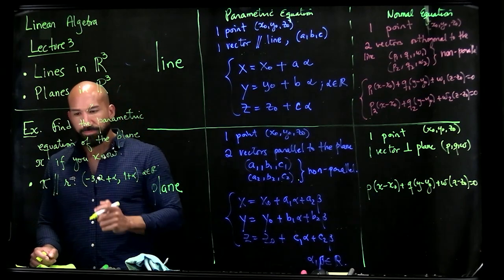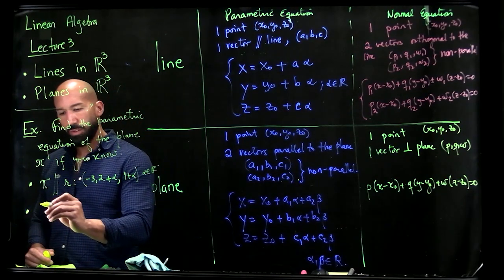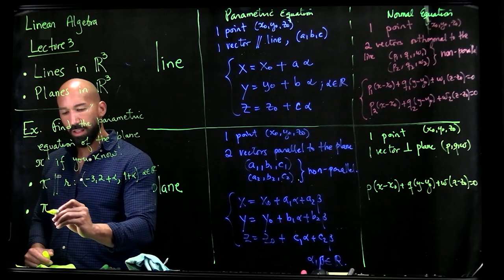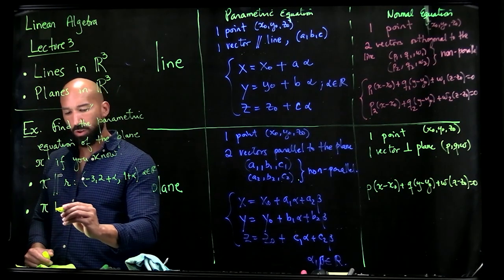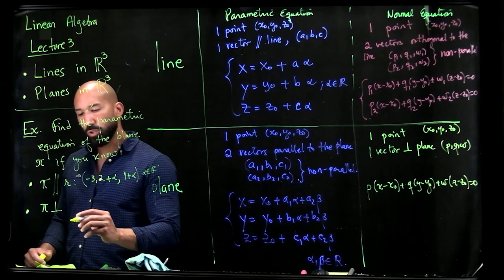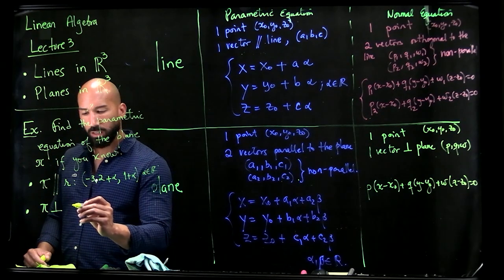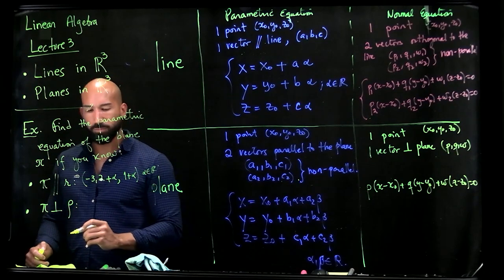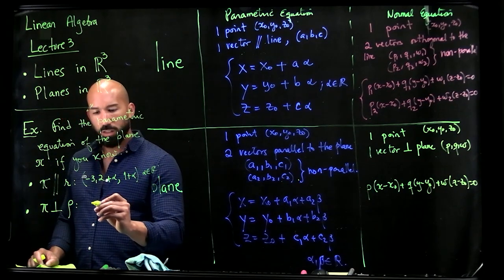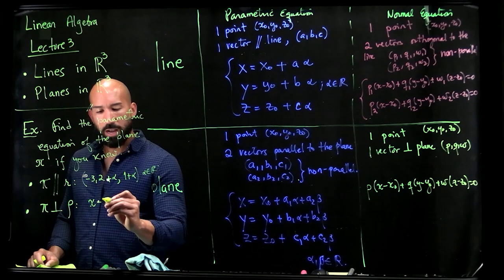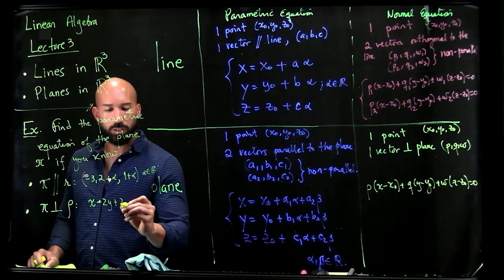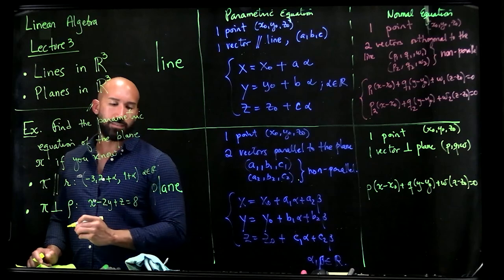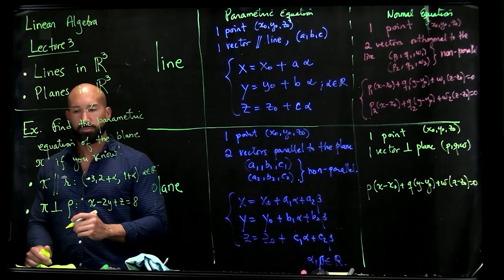Okay? Also, pi is orthogonal to the plane, I'm going to call it rho, described by the equation -2y plus z equal 8. Okay?